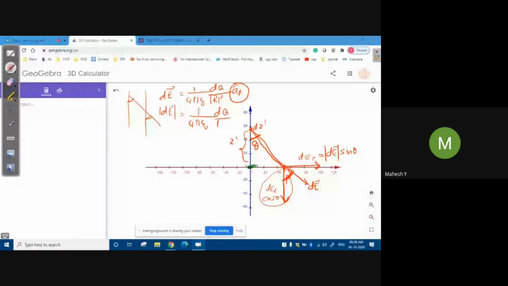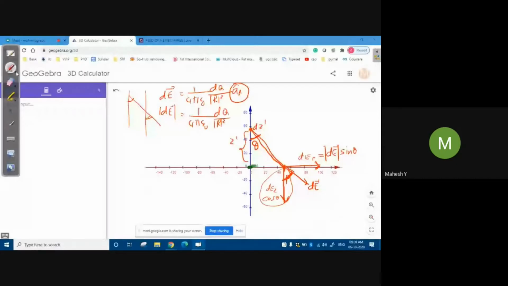Okay. Now we got dE, which is nothing but only d. We have to consider the dE rho. So dE rho is nothing but mod dE sin theta.